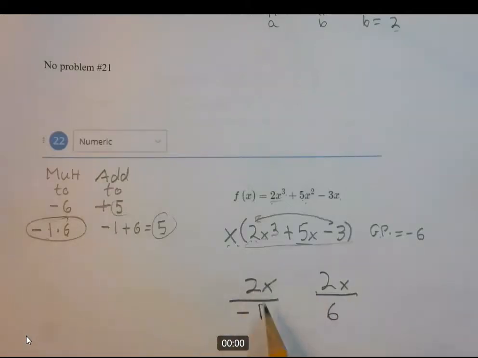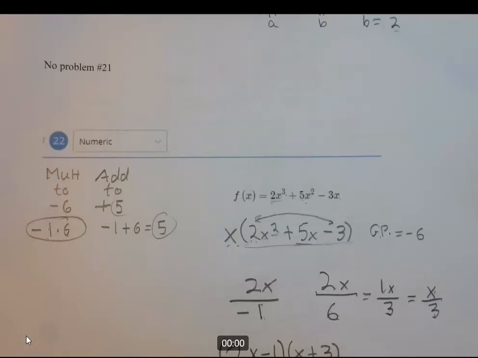Okay, this one won't reduce, so it's simply going to become 2x minus 1. And this one reduces. 2 goes into 2 once, goes into 6 3 times. So it becomes 1x over 3. That reduced down to 1/3. And of course you don't write the 1, so it's just x over 3. So that means this polynomial is going to be x plus 3.